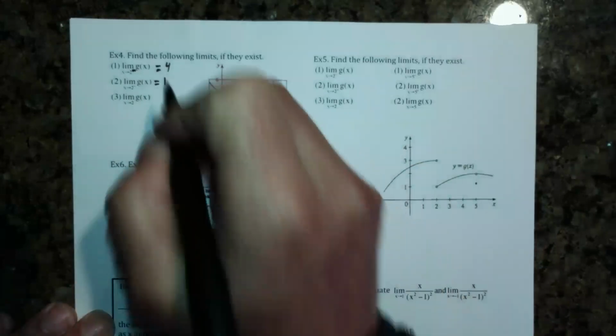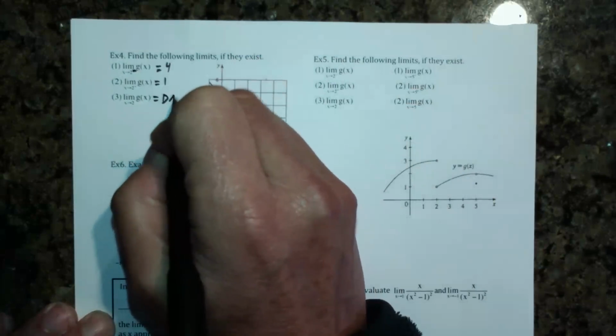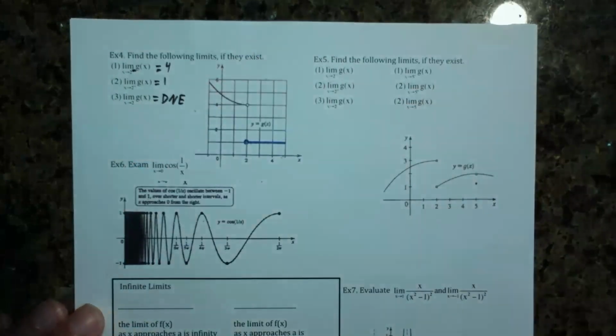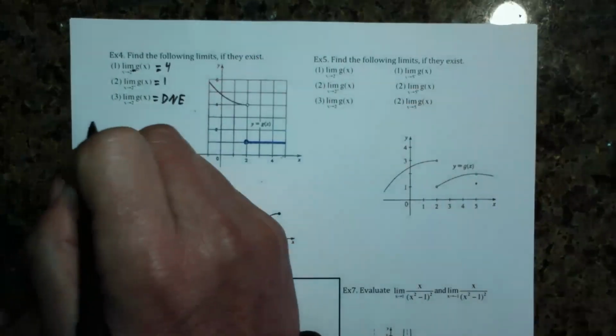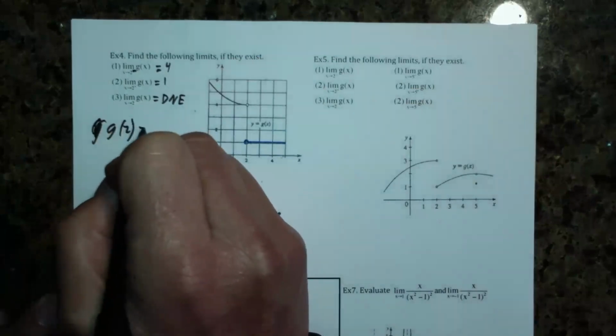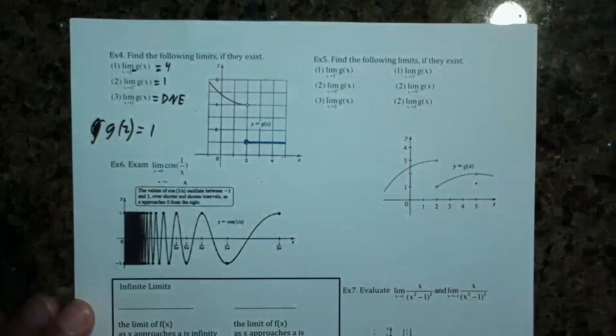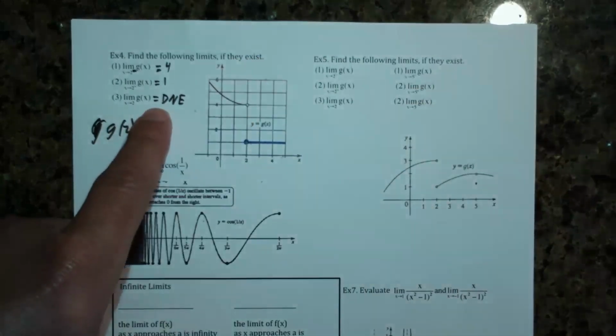But because these limits are different from the left side and the right side, this limit does not exist. But I would like to point out that g of 2 does exist right here at 1. But the overall limit does not exist.